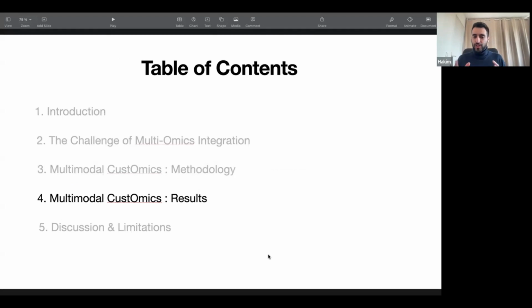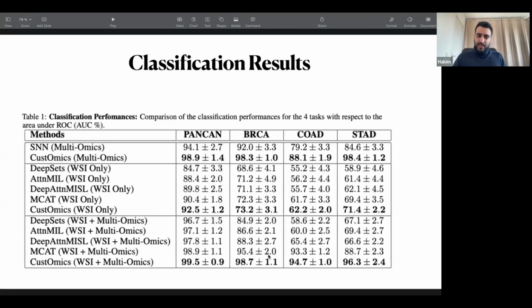Okay, so now I will briefly present the results, how it performs against the state of the art, and do a small demo of what types of interpretability results it can output. First, about the classification performance, we tried to keep the same idea as in the first generation of CustOmics by using the pan-cancer cohorts for a large number of samples.